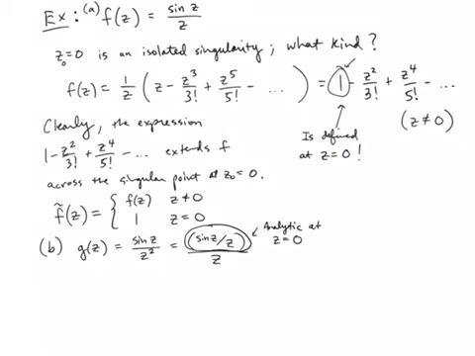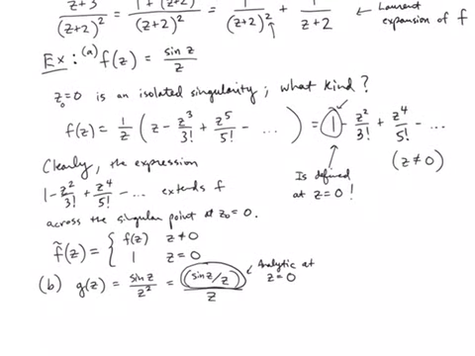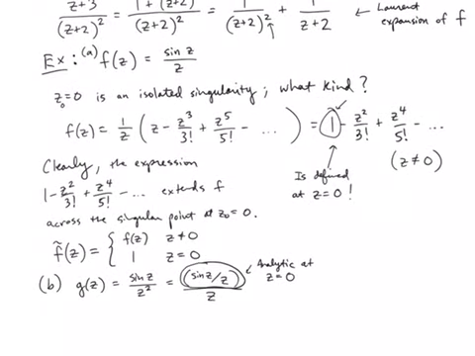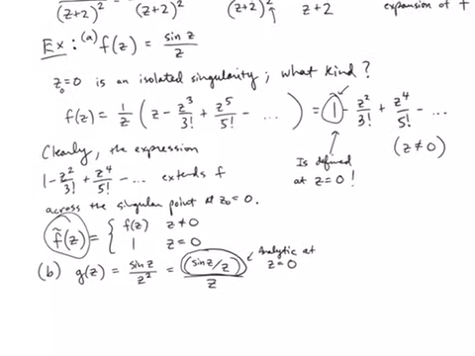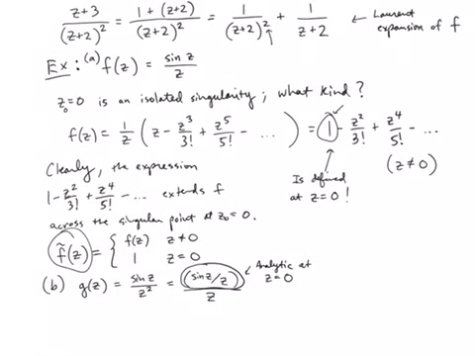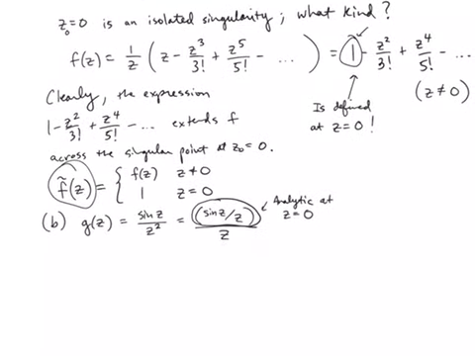We could replace this sine of z over z with this function f tilde here, or we could just use the same sine of z over z to denote that function, and just have it understood that the value at z equals 0 is 1.